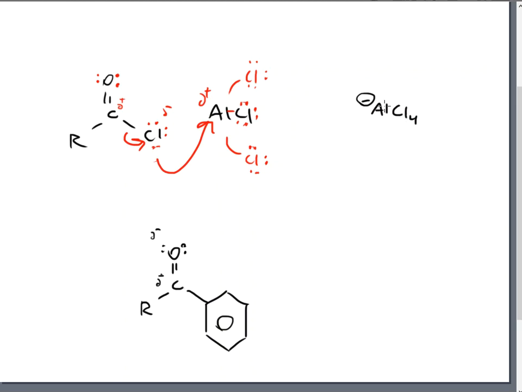And this AlCl4- that was generated in the reaction, it comes into this molecule and it says, there's nothing here for me. So, there it goes away. It doesn't really bother with that molecule.